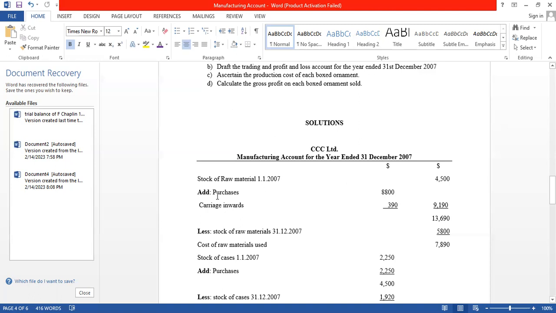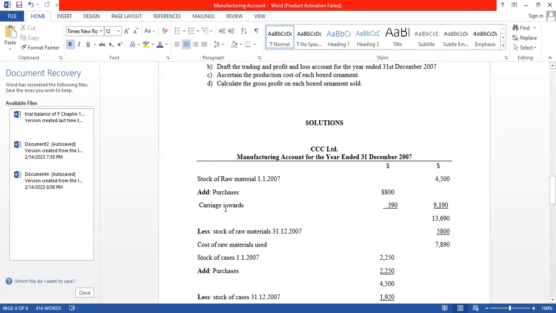Notice that the purchases is not added to the stock of raw materials in the first column. You notice that the amount for the stock of raw material is in the second column. However, because you have to add carriage inwards to the purchases first, before you can then add it to the stock of raw material.